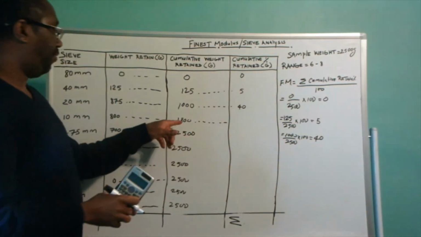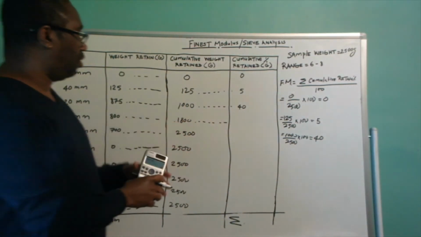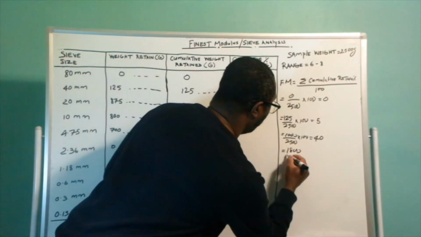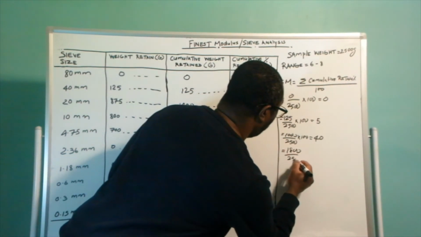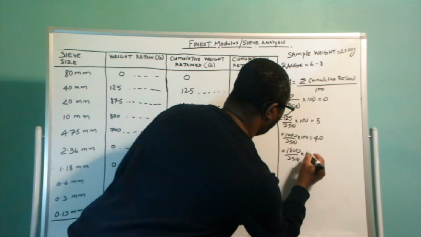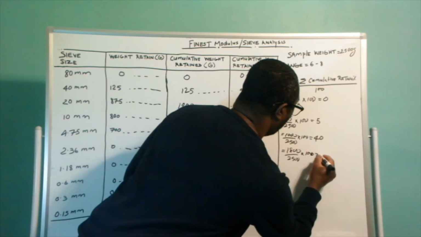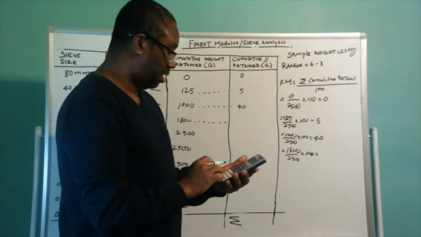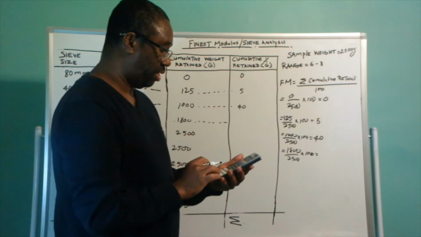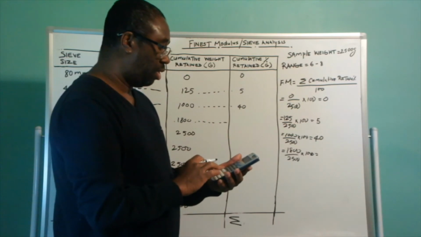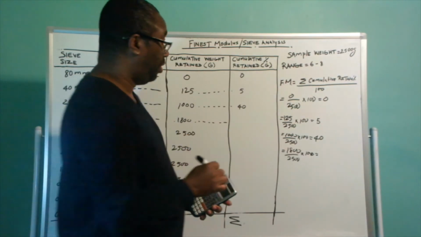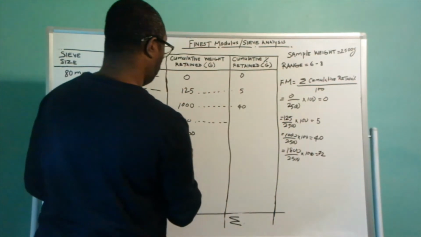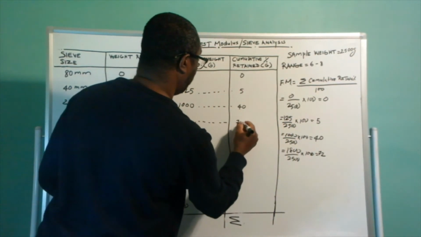We do the same thing for this 1,800. So it's going to be 1,800 over 2,500 times 100, right? So 1,800 divided by 2,500 times 100. That works out to be 72, right? So we carry our 72 right here.